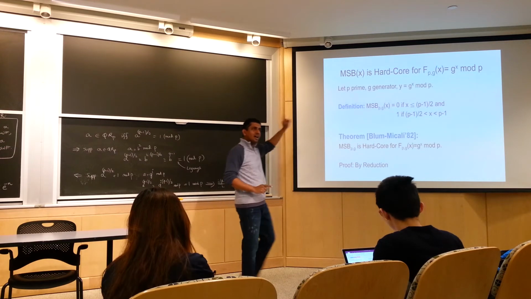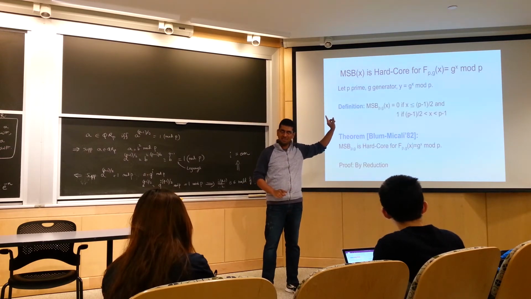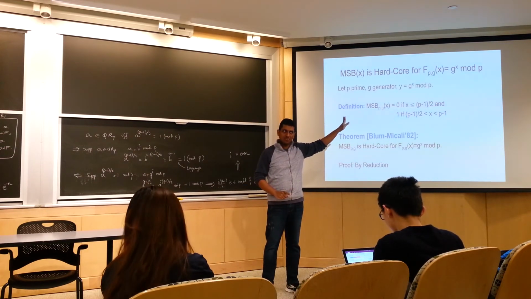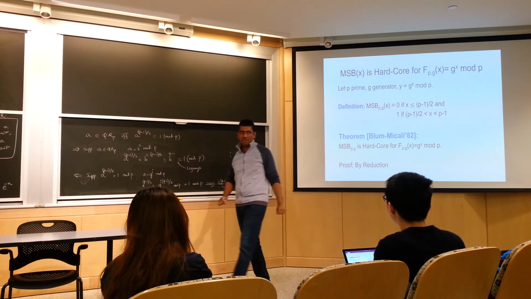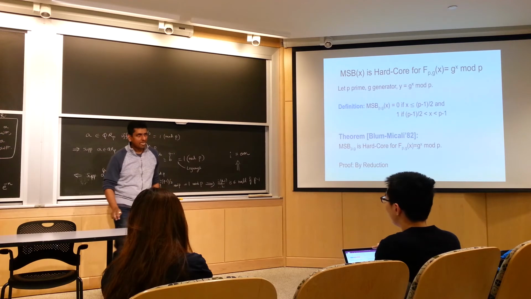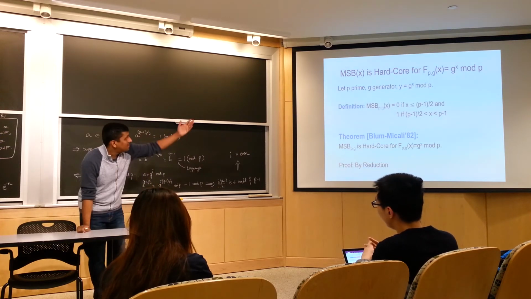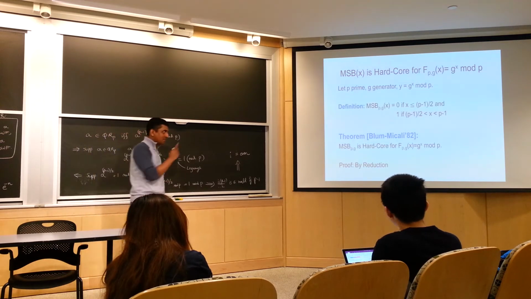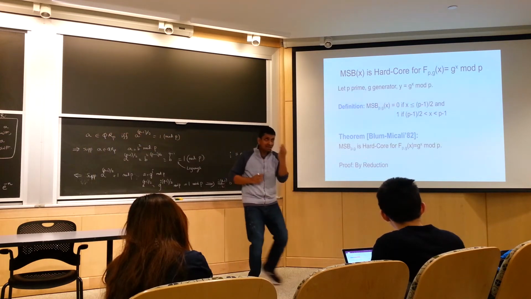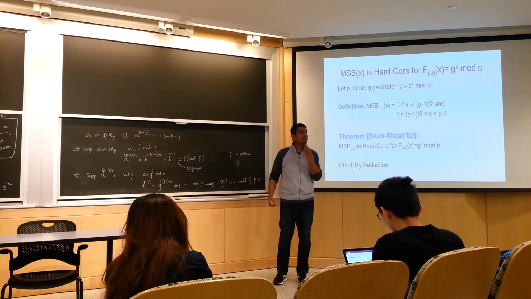Except that is not a hardcore predicate for discrete log. You see why? Because p may not be a power of 2. Yeah, p minus 1 over 2. If it were a power of 2, then it would be an unbiased bit. But if it's not, right, that bit itself is biased. It's more likely to be 0 than 1.